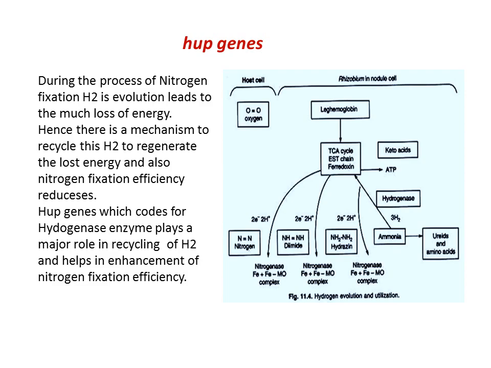As we all know, atmospheric or molecular nitrogen gets converted into ammonia. During that process, hydrogen is also released. Since this hydrogen is very important for this reduction process, it should not go to waste.